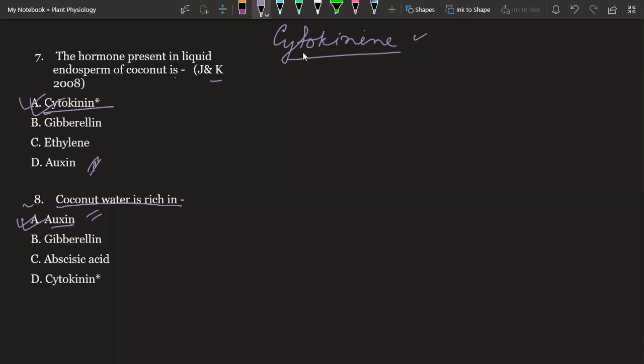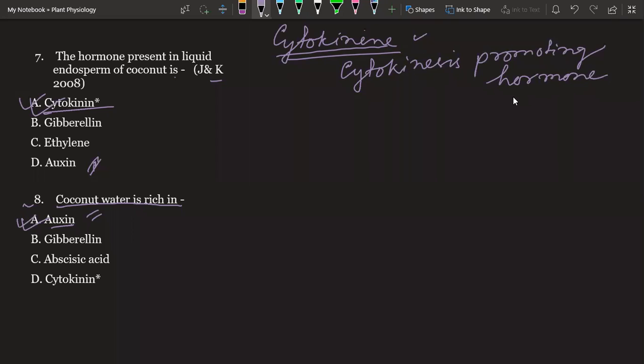Cytokinin, as the name suggests, is a cytokinesis promoting hormone. What is cytokinesis?